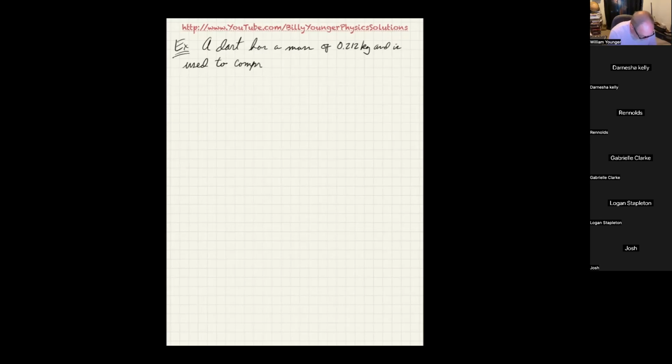So it says, let's do this example. A dart has a mass of 0.212 kilograms and is used to compress a spring.